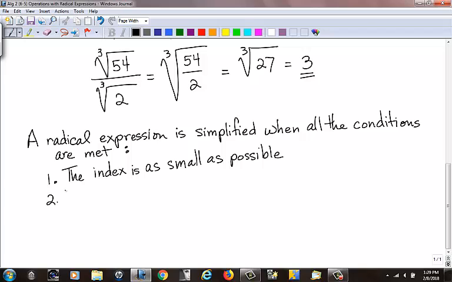The second one, the radicand, that is the part underneath the radical.